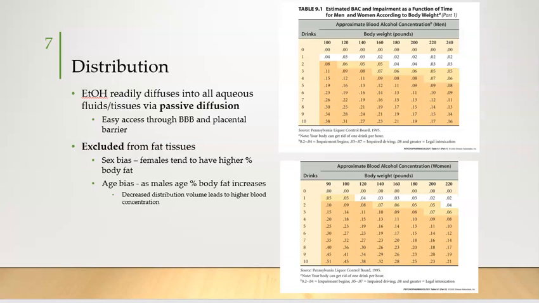So as you age, you can't handle your alcohol as well because you have more body fat. And then females tend to have lower functioning amounts just because of the amount of body fat as well. Fun tables on the side if you want to look up different things.